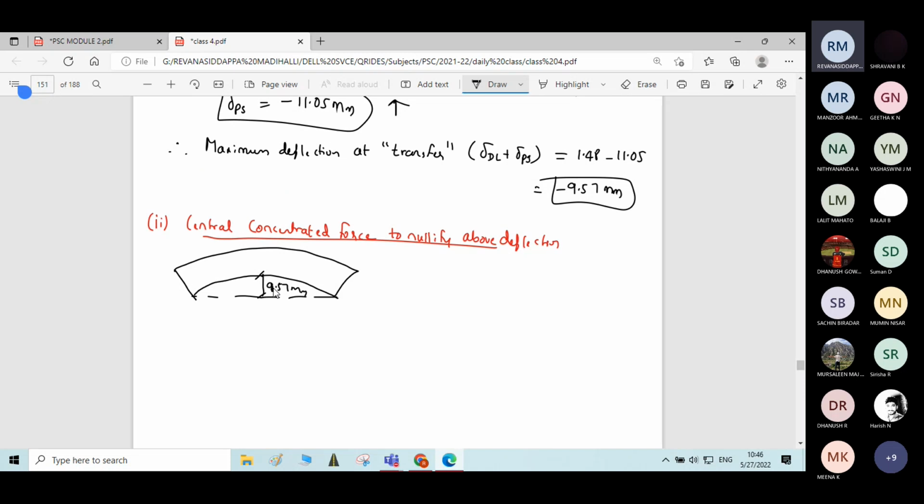To nullify this deflection, we have to find the central concentrated load to be applied at the center of the span. Means when the deflection due to this load becomes equal to the deflection at transfer, then the beam will be in static condition. It will be in straight condition.